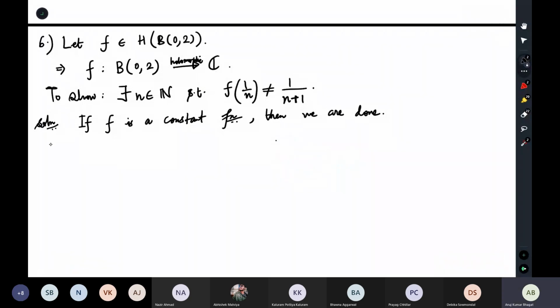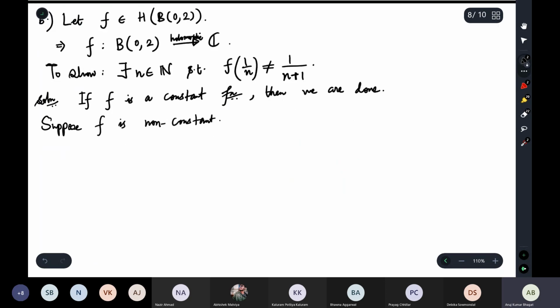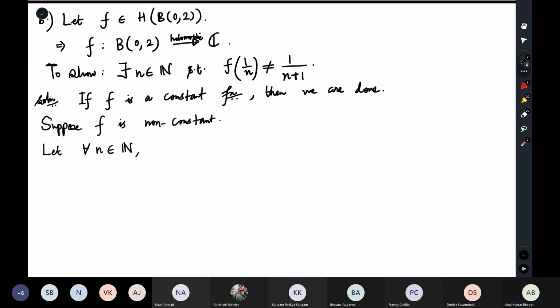So suppose f is non-constant. I'll prove this by contradiction.